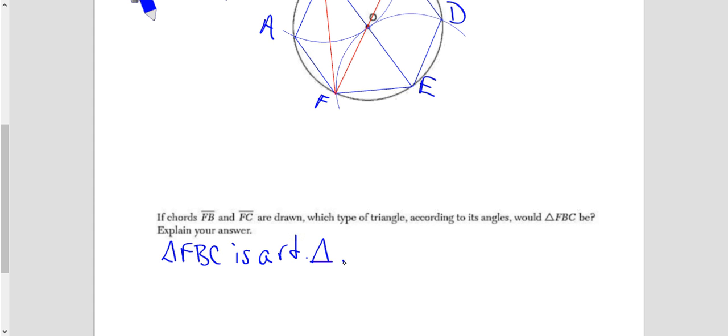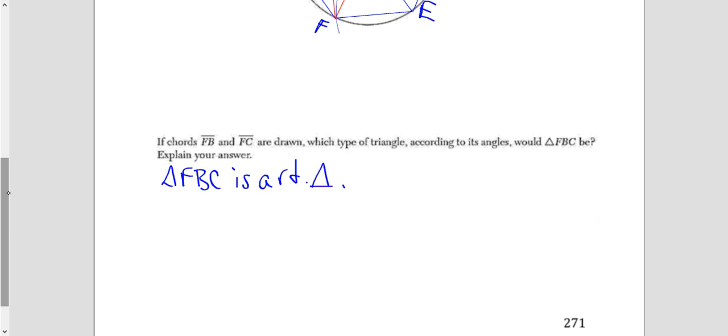But then they said explain, and there are two parts to it. Look back on your notes page. What are the two parts? Why? First of all, it's inscribed, and one side is the diameter. You need both of those in your explanation, because that's what's required. So it's a right triangle, maybe put a comma, because it is inscribed.